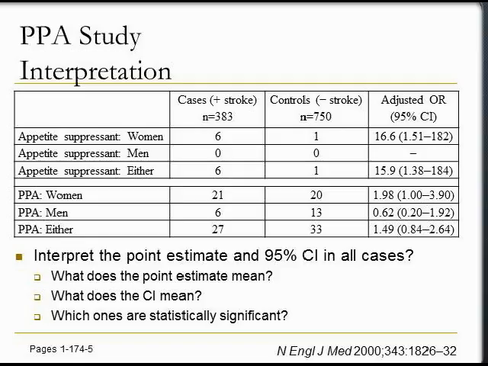So let's focus only on the bottom piece of this table. Basically, what this investigation did back in 2000 was to investigate the relationship between PPA use and the development of stroke, which is shown here as the cases and/or controls in women, men, and in either of those two groups.